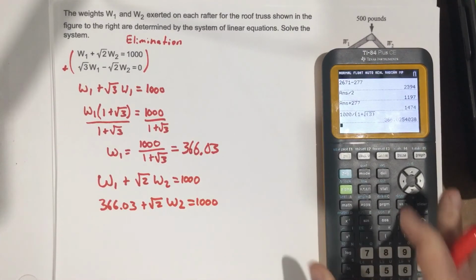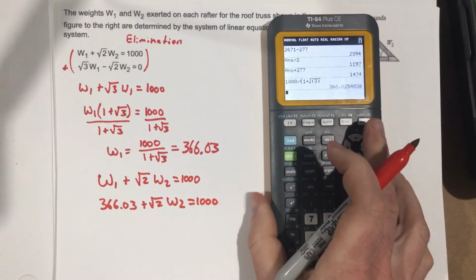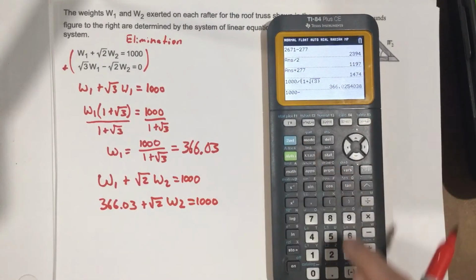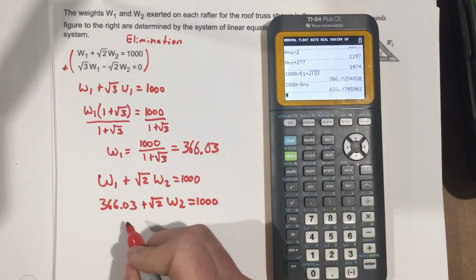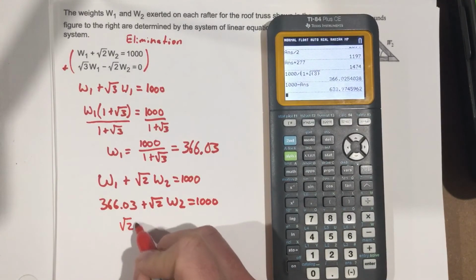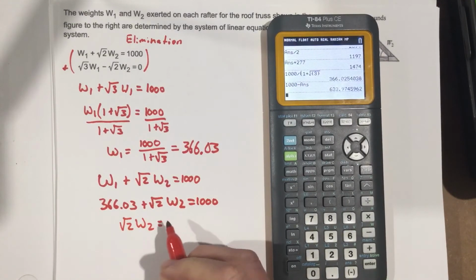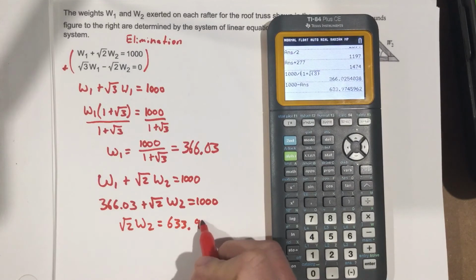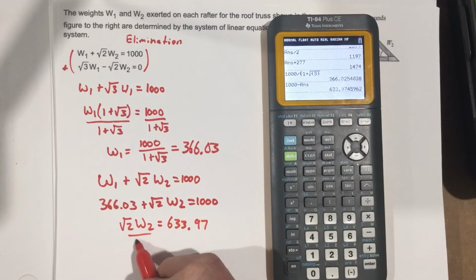So now we're just going to subtract it over. We're going to take 1,000 minus that answer, and that's going to give you root 2 W2 equals 633.97. And then we're just going to divide it by root 2 on each side.